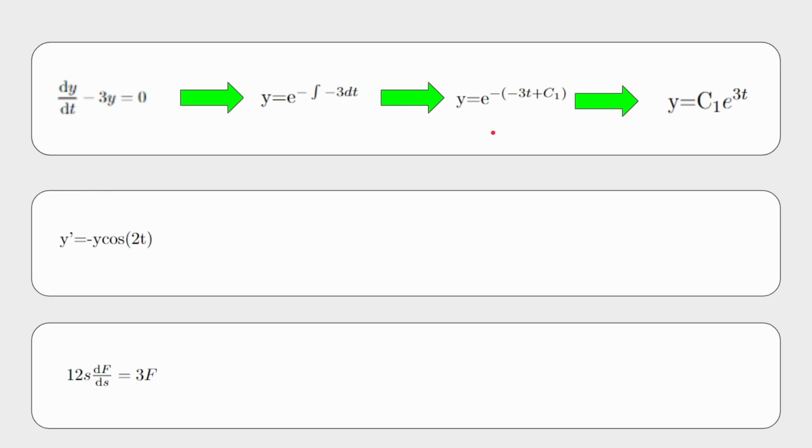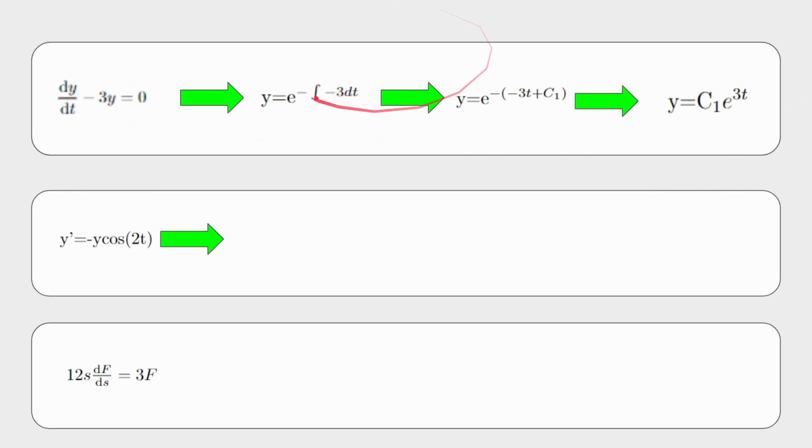It's pretty straightforward. And of course, laws of exponents, e to the 3t plus c1 in the exponent. Well, we know that it's equivalent to e to the 3t times e to the power of c1. Rules of exponents, and e to the c1 is just another constant. So we could just multiply it by a constant. And that's going to be our solution.